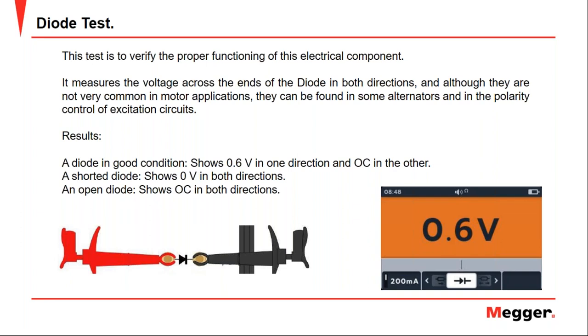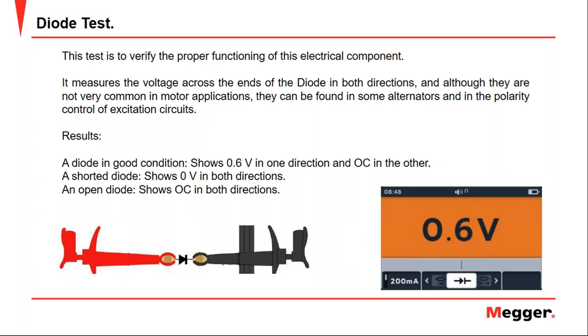If the diode is in good condition, when I do the test, I will read 0.6 volts in one direction and open circuit in the other. If our diode is shorted, then the reading will be 0 volts in both directions. If we have an open diode, it will show open circuit in both directions.